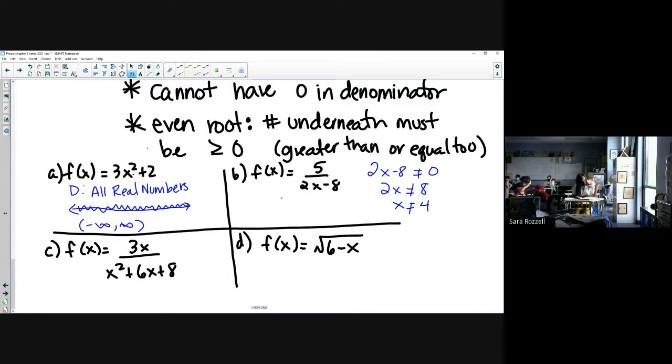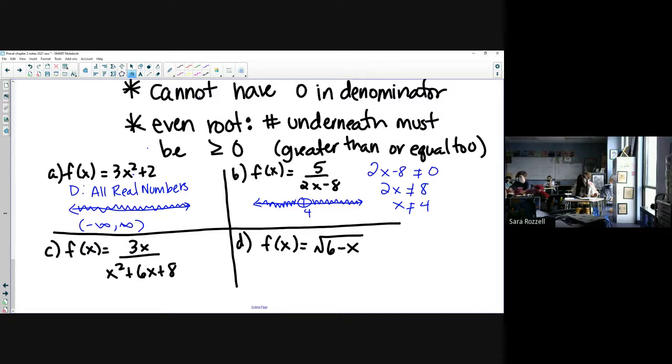How would you say everything but 4 on the number line? What do you put on the 4? Open circle, some people call it a hole. But 4 gets an open circle and everything else gets shaded. To write this in interval notation, how many shaded sections are there on this graph?